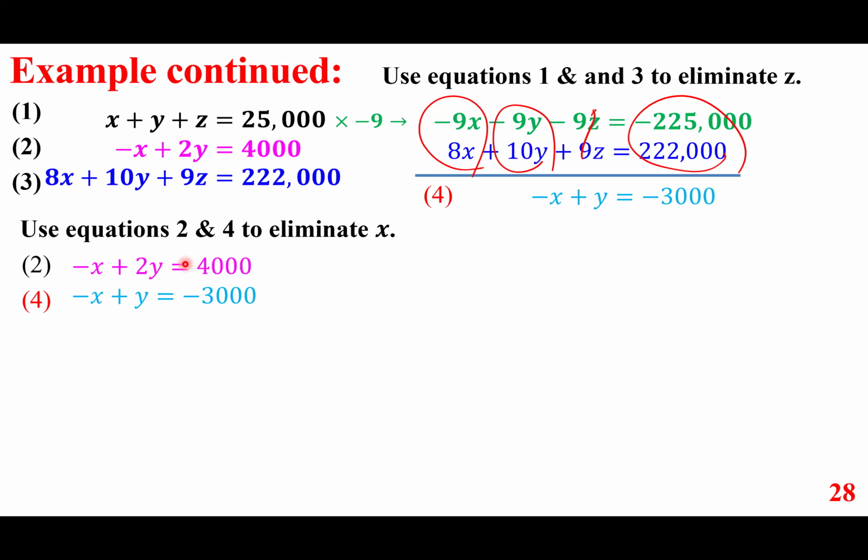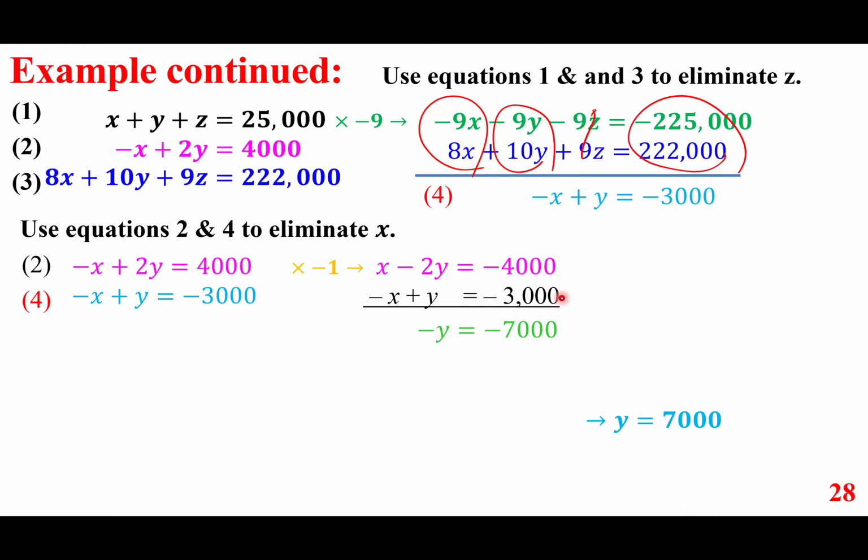Let's multiply this one by negative. So we get x minus 2y minus 4,000. And so these two cancel each other. These two give us negative y, negative 7,000, and y becomes positive 7,000. So $7,000 is y.